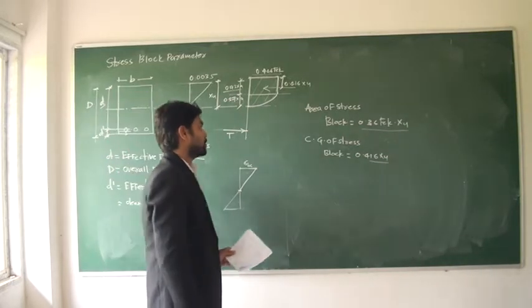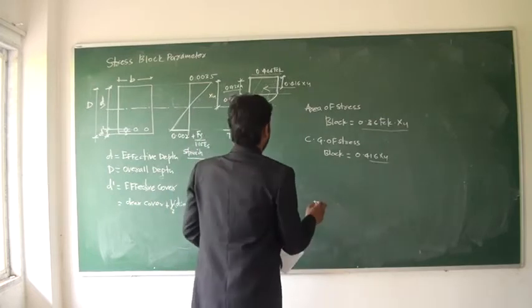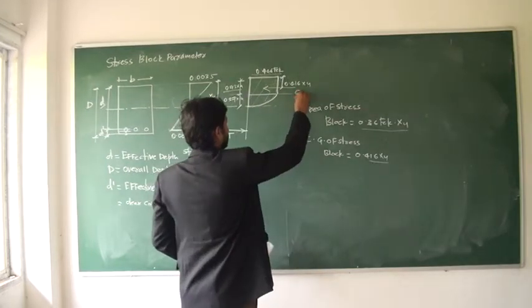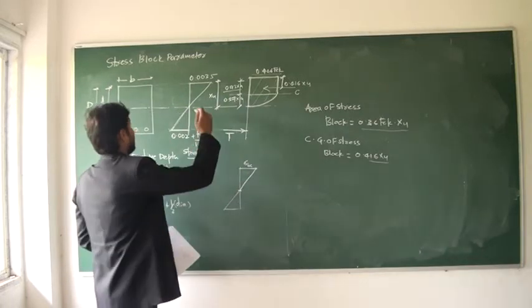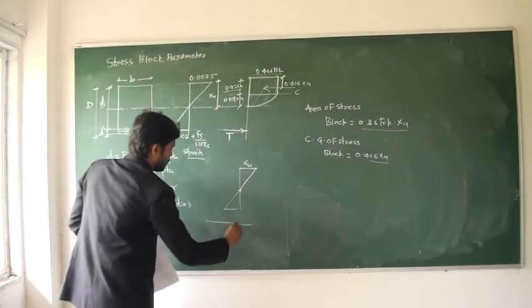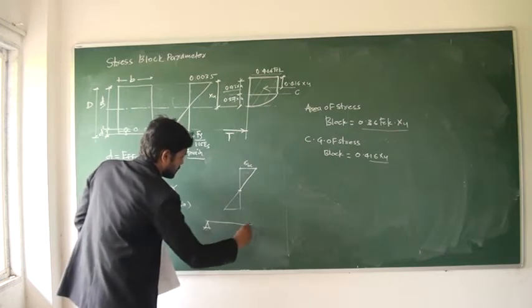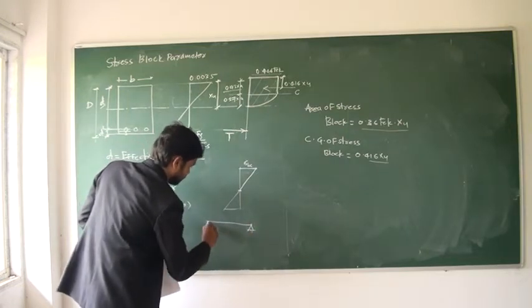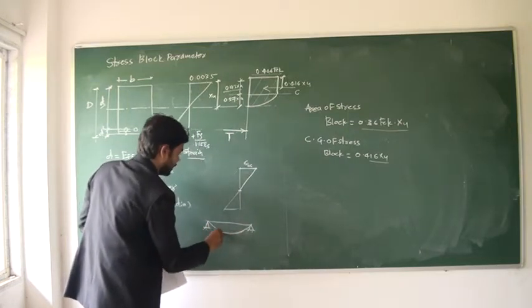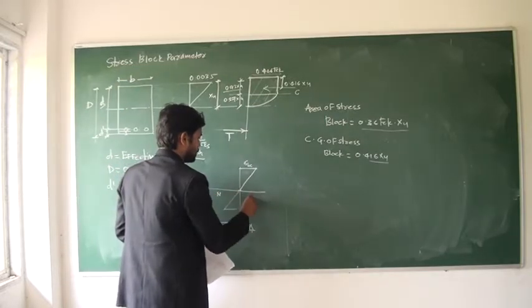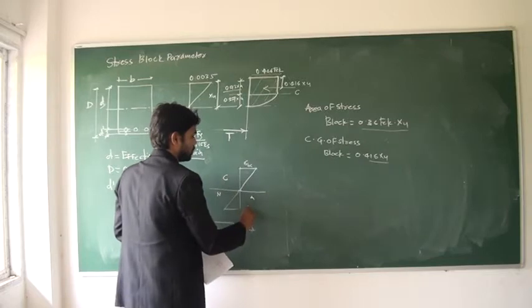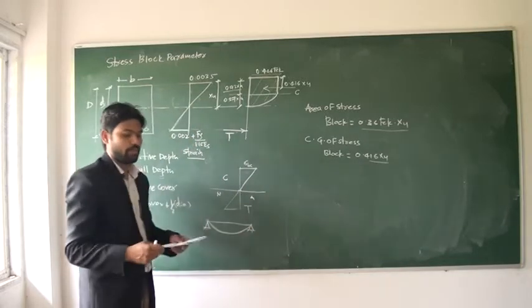Now next, for calculation of total compression as well as total tension. See, if this beam is subjected to a simple sagging moment like this, then on the top of the neutral axis there will be compression and at the bottom of the neutral axis there will be tension.